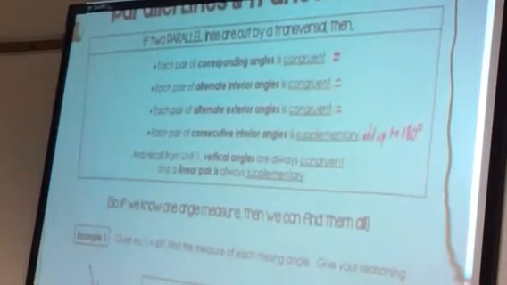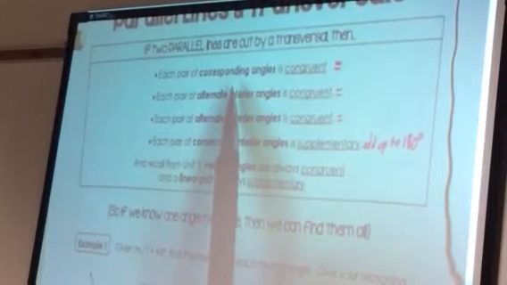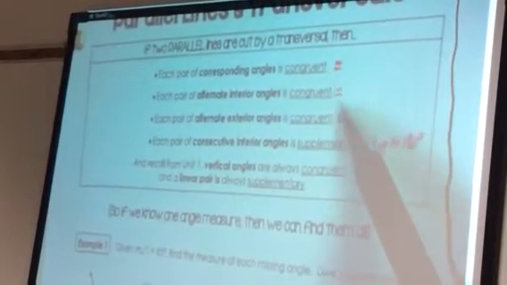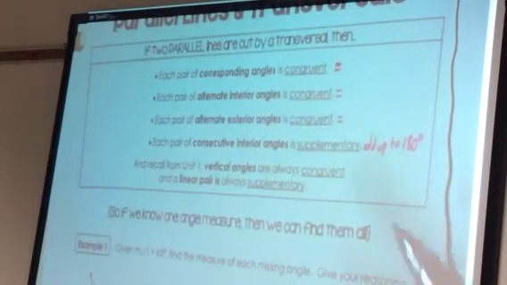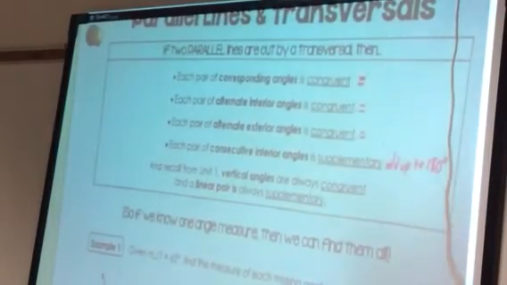So if one of them was 100, the other one would be 80, right? That's all 4 of my angle pairs that I talked about Tuesday. If I have 3 of them, that means they're equal. If they're consecutive interior, that means they add 180. And then we've already used vertical angles and linear pairs.